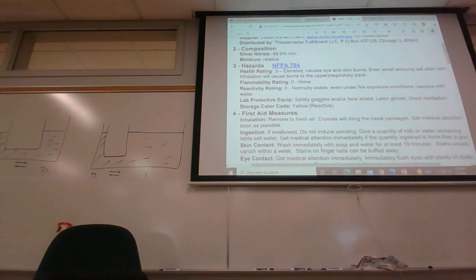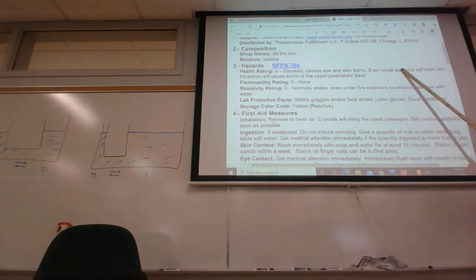So this student had an important job interview right after lab, and they told me that they had been washing their hands for 30 to 45 minutes, but the black stains wouldn't come off, and it was because of this silver nitrate. So unfortunately, well, we'll see what happens with the stains here.